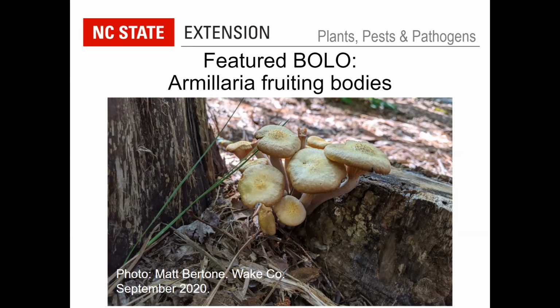So if you see them, then there's obviously some kind of problem going on. It may be in a root of a tree that's already dead or a stump of a tree that's already removed, but it can also indicate an active infection of that tree by this fungus. Unfortunately, it's not always going to be there. So you can have a tree with Armillaria root rot going on, but no fruiting bodies formed in the fall. But if you do see them, then it is a good warning sign.